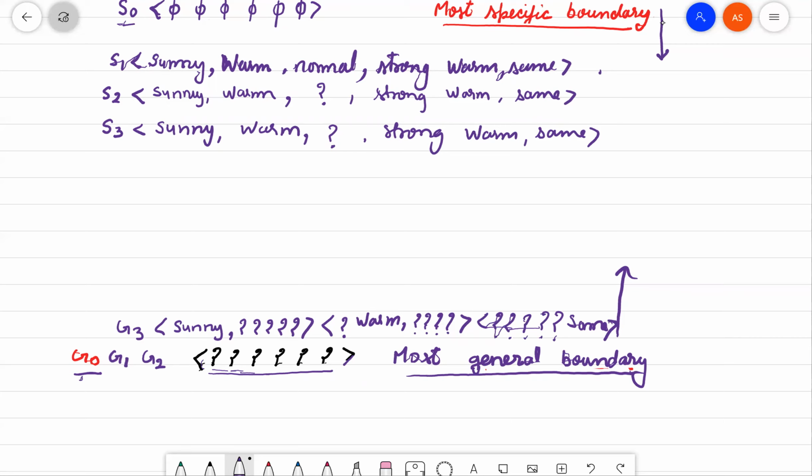Here in this step, in the G3 step, because this S3 is a negative training example, we are considering the attributes one by one, but we are also considering that if we are choosing any attribute, it should be consistent with the training example. Okay.